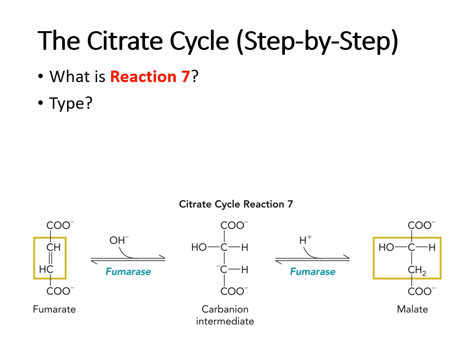Now, this type of reaction is called hydration, and you'll notice that you have hydroxyl and hydrogen ion, and so you end up with H2O, so water hydration going into this process to ultimately lead to malate.